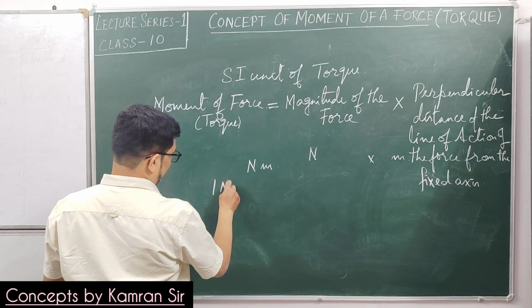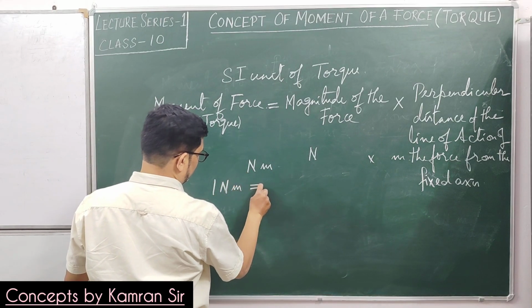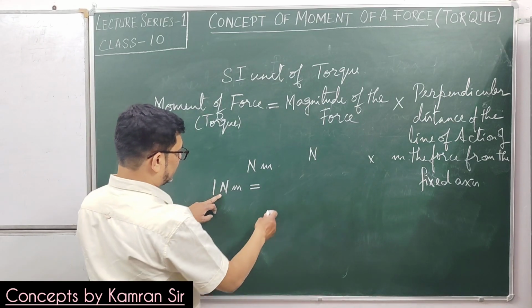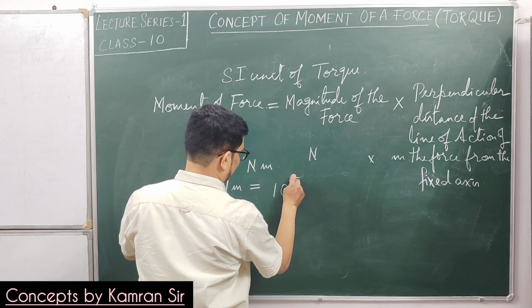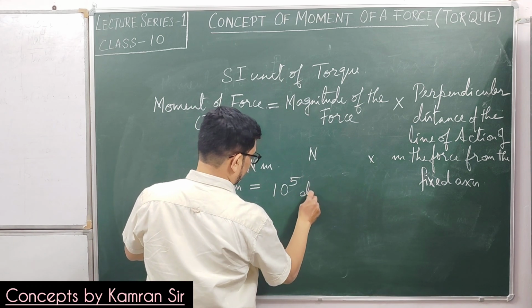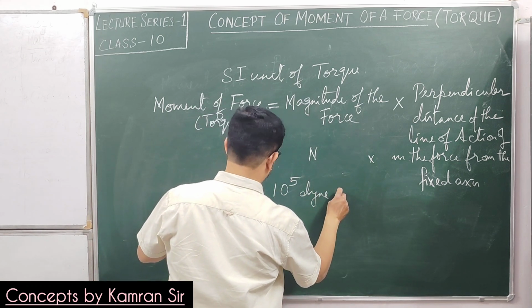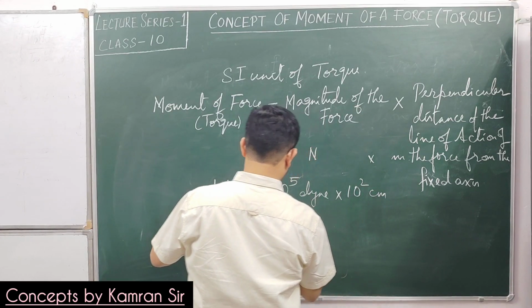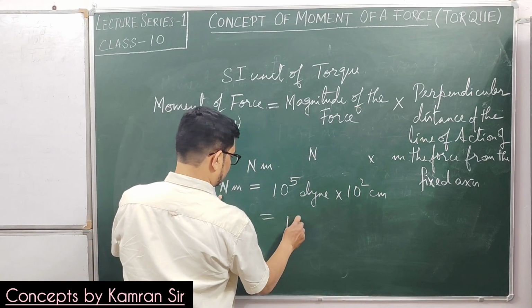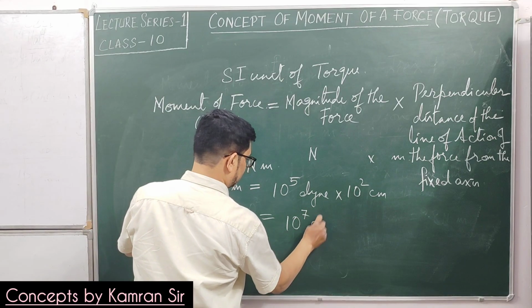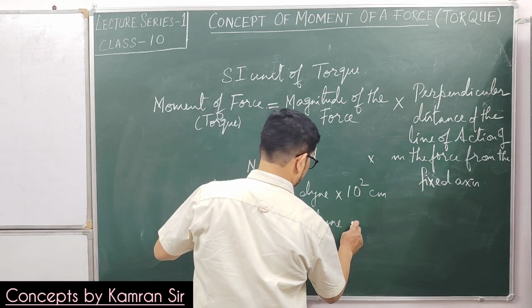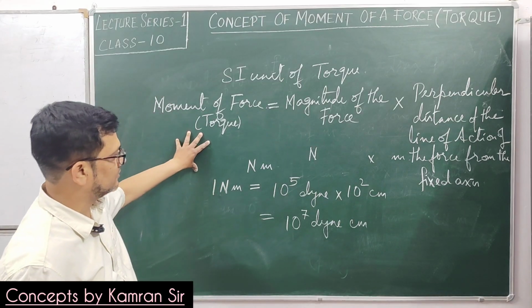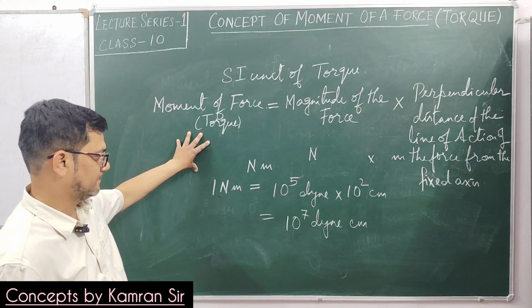Now 1 Newton meter, you can also convert into the corresponding CGS unit. We know this Newton can be converted into dyne if you multiply by 10 raised to the power 5. So 10 raised to the power 5 dyne times 10 raised to the power 2 centimeter is equal to 10 raised to the power 7 dyne centimeter. So this is another CGS unit that you can express the SI unit of torque in.